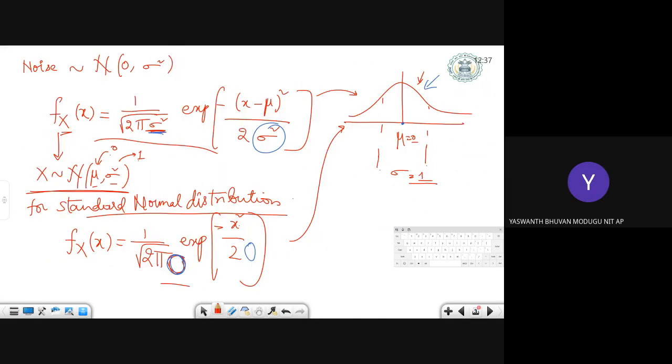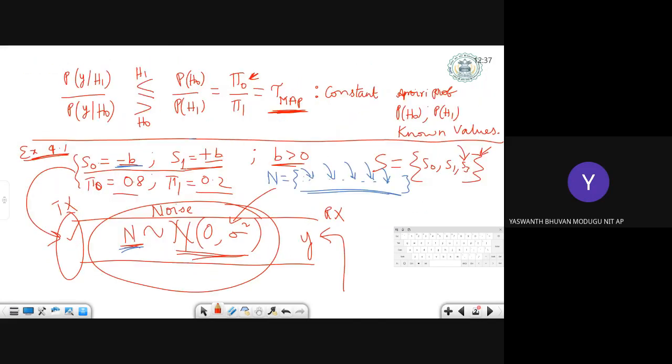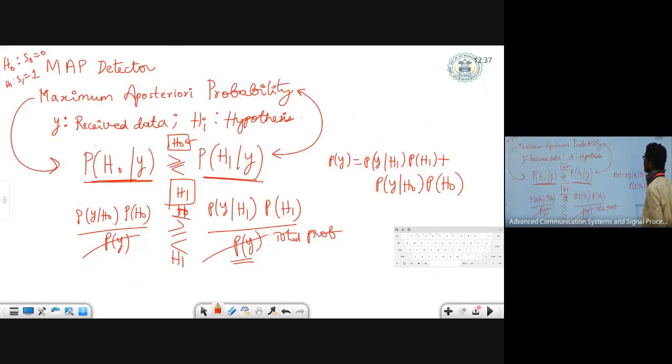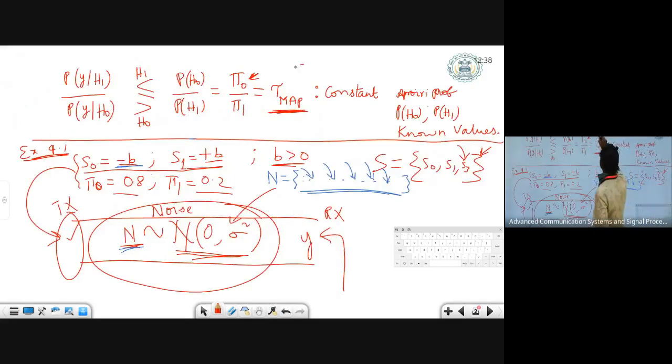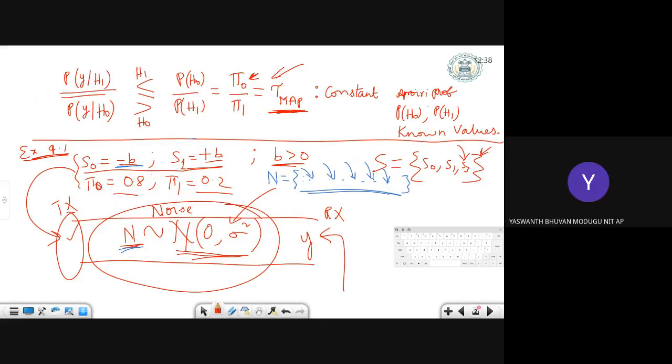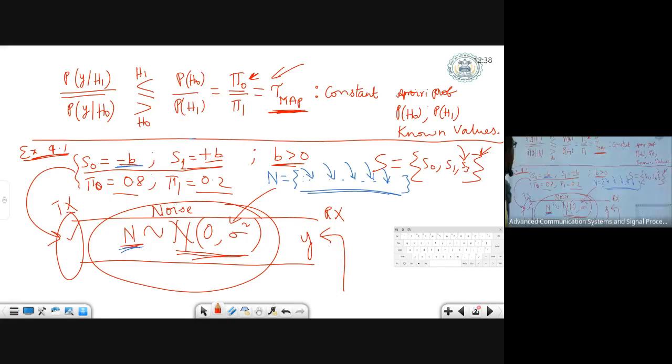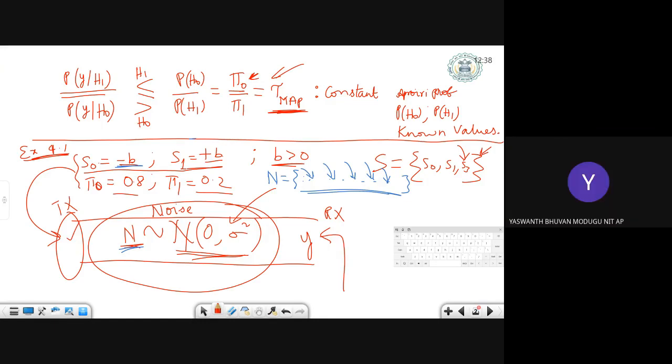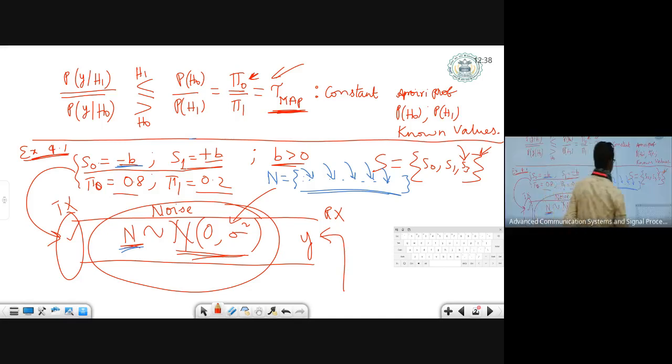Not that, sir. Yes, sir, from this equation. Any doubt now? Yes, sir. This is right. The next one you wrote is reversed, sir, in the last slide.